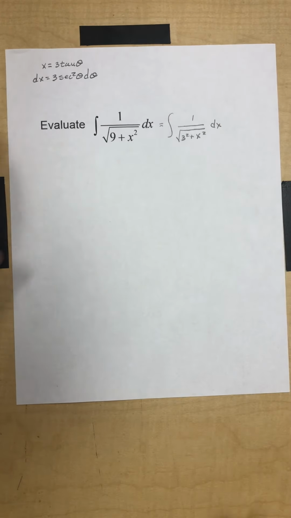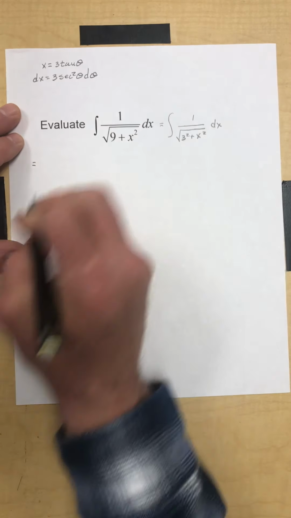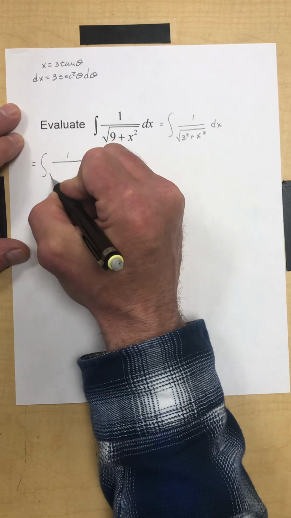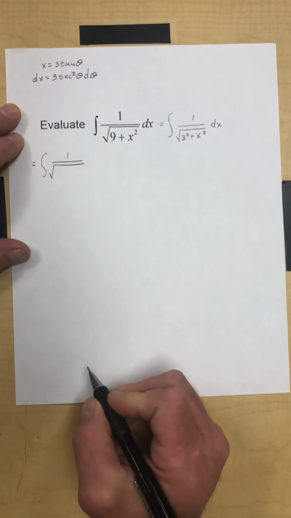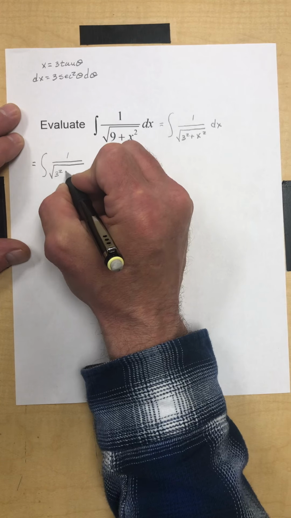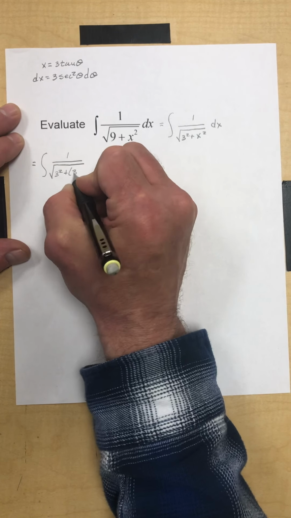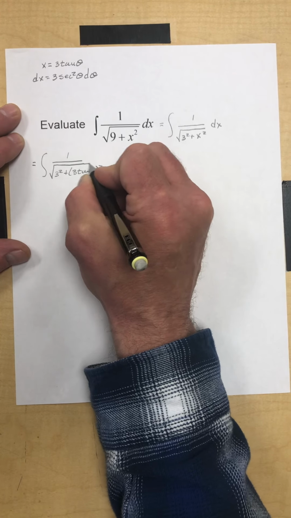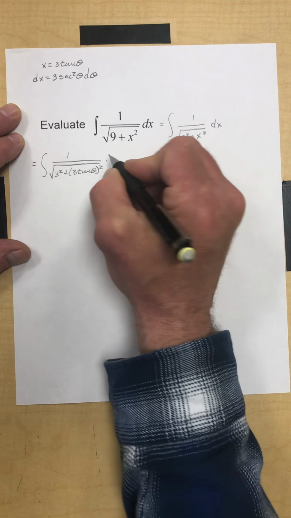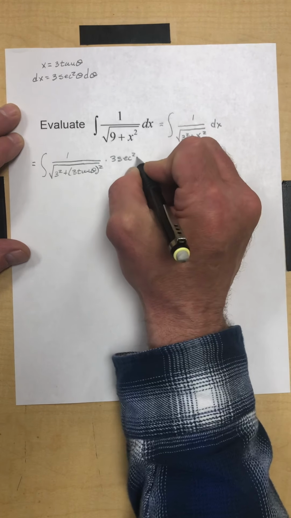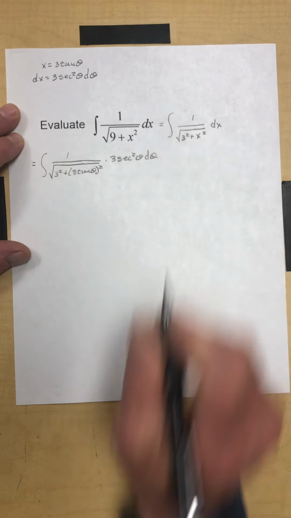Okay, so let's see what happens here. I've got the integral 1 over square root of 3 squared plus 3 tangent theta squared, and then we're going to multiply that by 3 secant squared theta d theta.